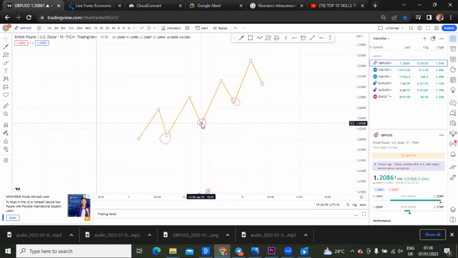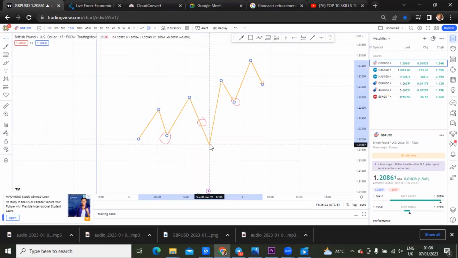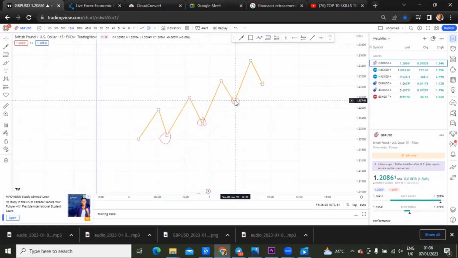So the question is, if you're supposed to buy at all these points, how do you know when this retracement is over? Because in the real market, sometimes it retraces like this, sometimes like this, sometimes like this. So when should you buy? When is the right time to take a buy?